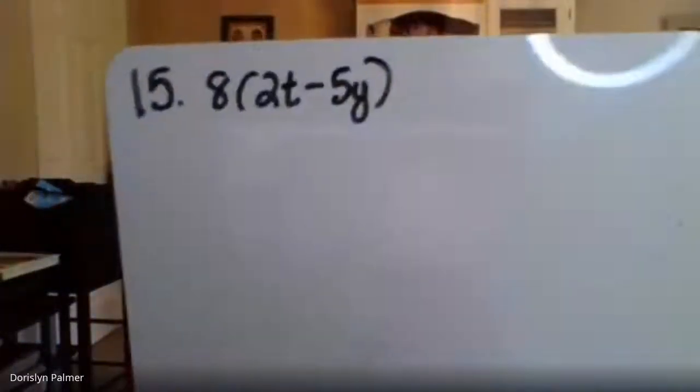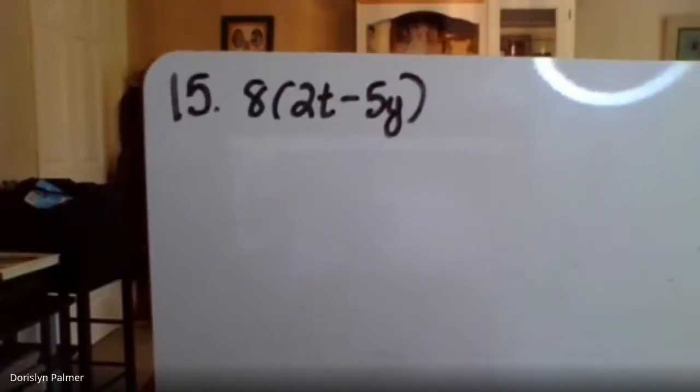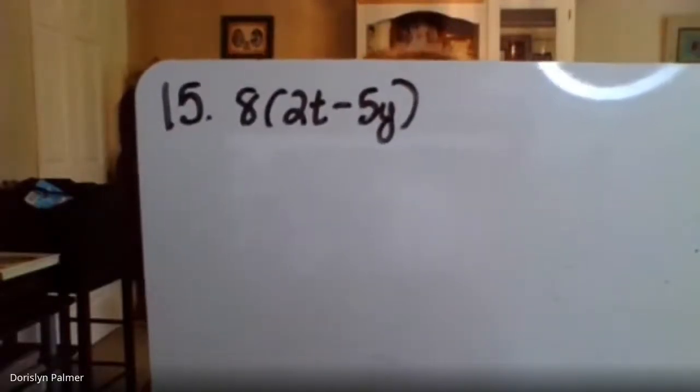I said 8, parentheses 2 minus 5y. Okay, we can only take out the 8, so we'll have a 2t left. 8, and then in parentheses, 2t minus 5y.